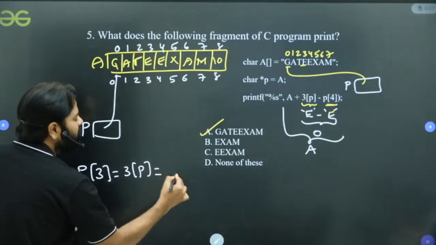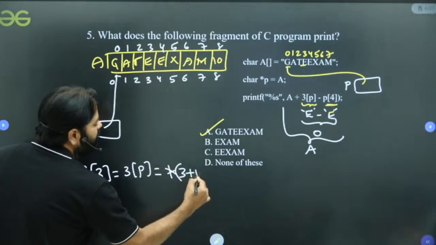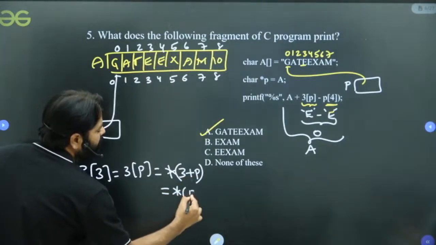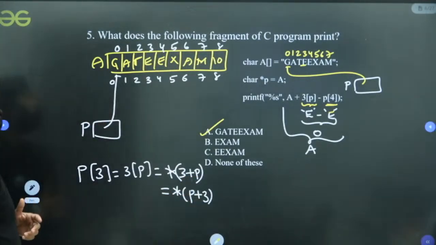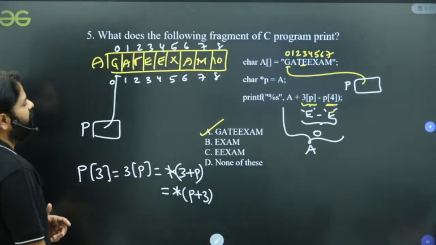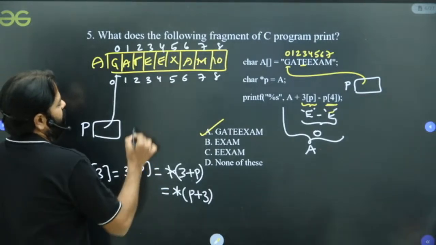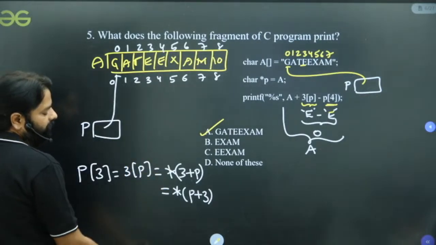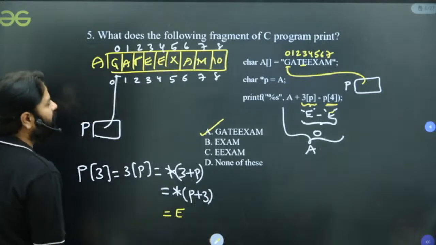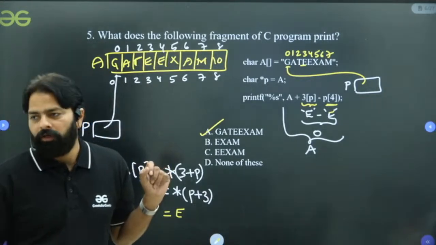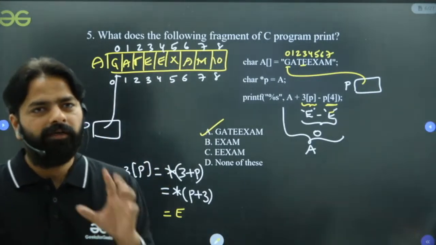This is nothing but star of 3 plus P or star of P plus 3. Both are the same. That's equal to E. Similarly, P of 4 is also E. Correct? You got it now? Great.